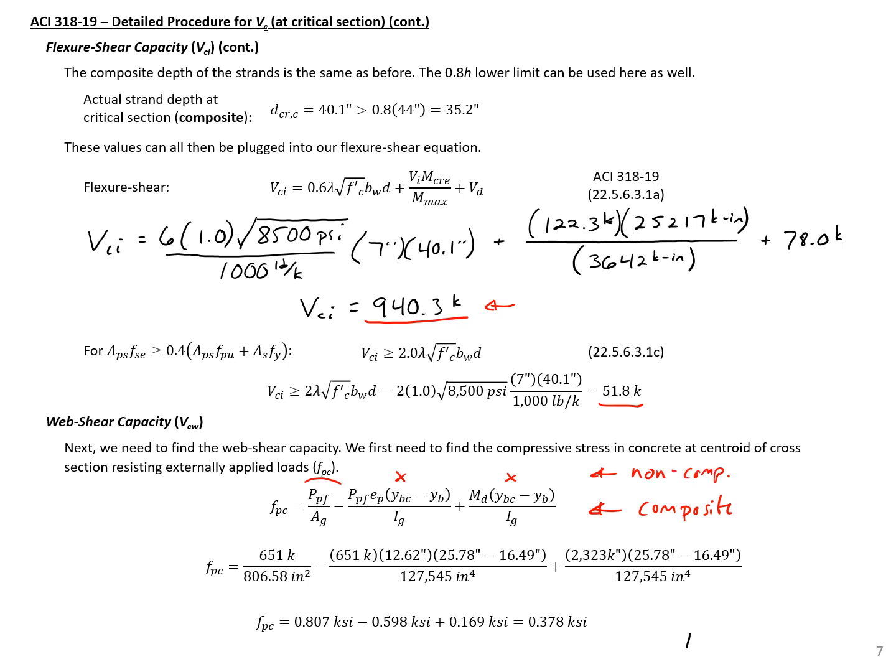That would end up working its way out because your YB for your composite would be equal to YB in a non-composite section, so the last two terms would cancel. So anyway, we can plug in our known values here and find an F sub PC equal to 0.378 KSI. So this is the value that we'll need to use in our web shear capacity equation.